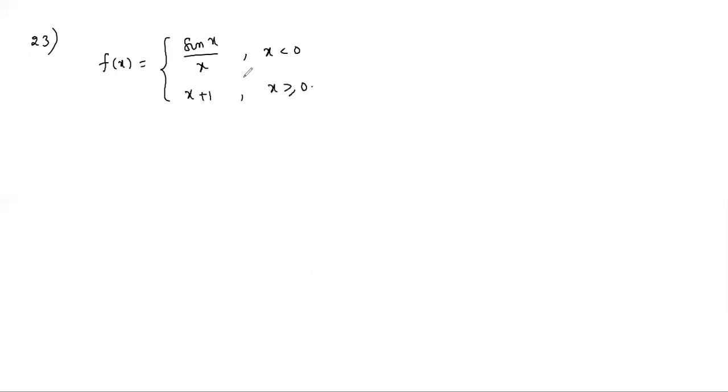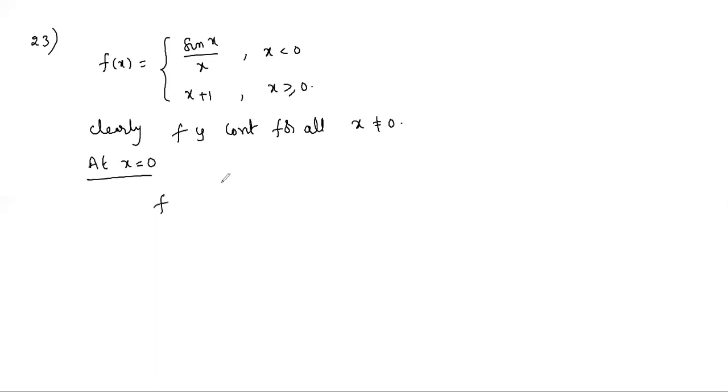Clearly, f is continuous for all x except 0. Now we have to check the continuity at x equal to 0. At x equal to 0, the function value f of 0 is x plus 1, so 0 plus 1 is 1.